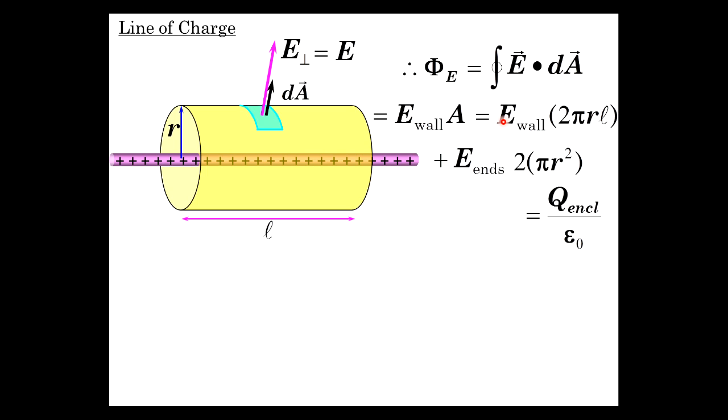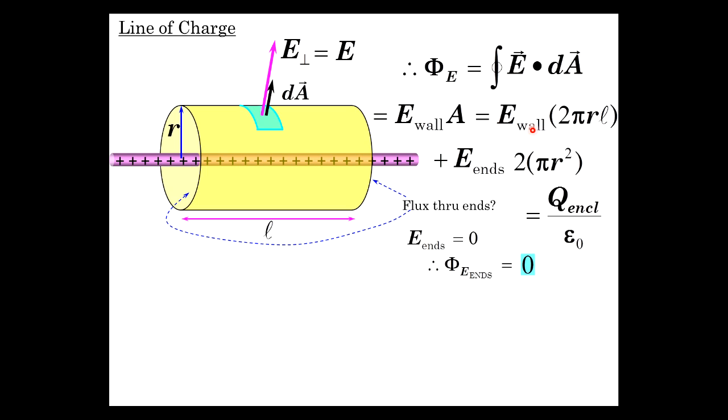We need to consider that. Well, the combined flux is Q enclosed over epsilon 0. So the flux through the ends, well, the electric field doesn't go through there at all because it's radially diverging off that wire. So the E field through the ends is 0, therefore the flux through the ends is likewise 0. So the entire flux reduces to this.